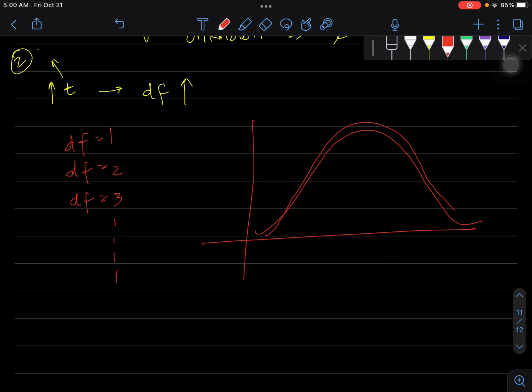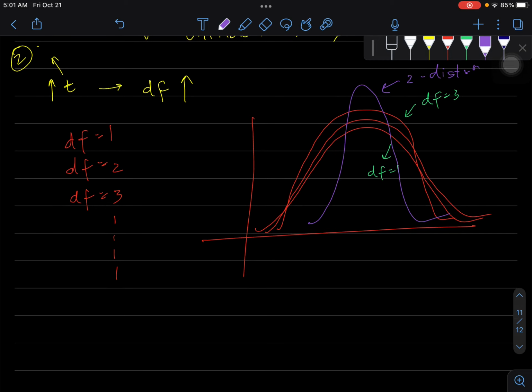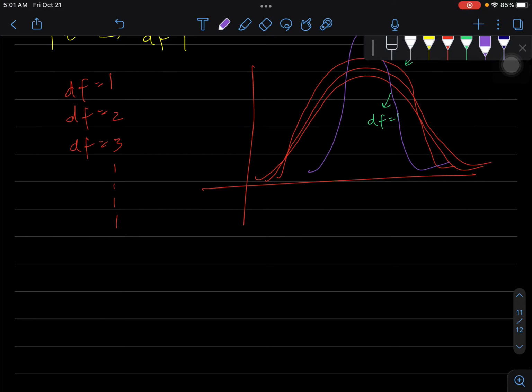This one is degree of freedom 1, and the outer one is degree of freedom 3. As you keep increasing them, there comes a point where the t distribution would look exactly like the z distribution. That is why we use the t distribution whenever we don't know the standard deviation.